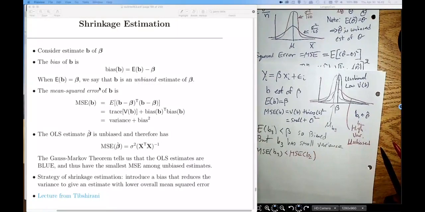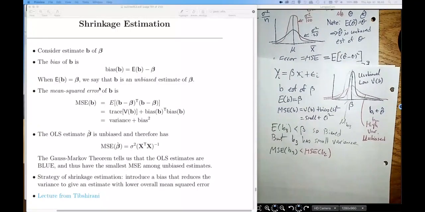All right, so you're probably wondering, how does this ever come up? Well, it comes up in what we're going to be talking about this week, which is shrinkage estimation. So the whole idea of shrinkage estimation is that we're going to have a biased estimate of the slope that hopefully has lower variance than the OLS estimate, and much lower variance, to the point where the mean squared error is actually better.